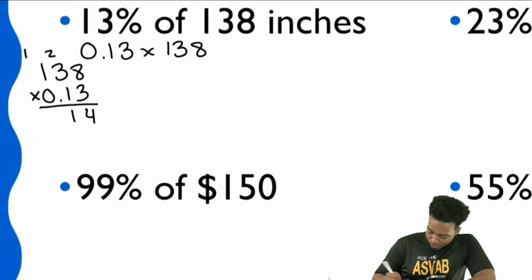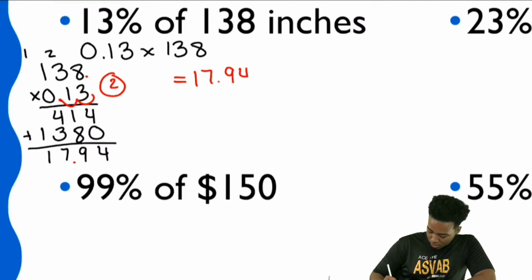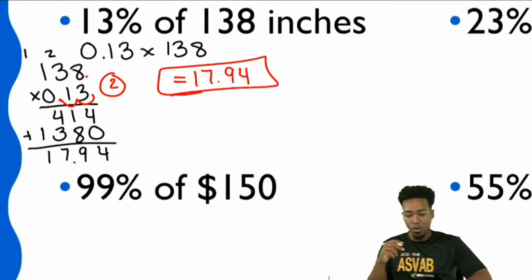Carry the 1 is 11. 3 plus 1 is 4. Bring down the 0. 8 times 1. 3 times 1. 1 times 1. Add it back together. We have ourselves 4, 9, 7, 1. 2 decimals, none there, 2 there. Boom, 17.94. And that'll be your answer.